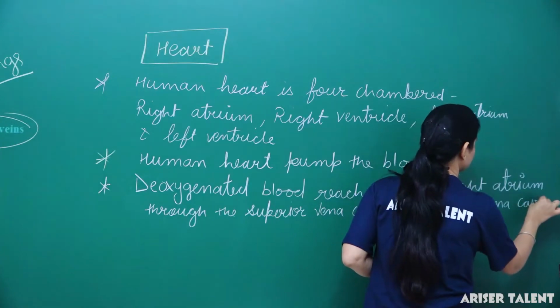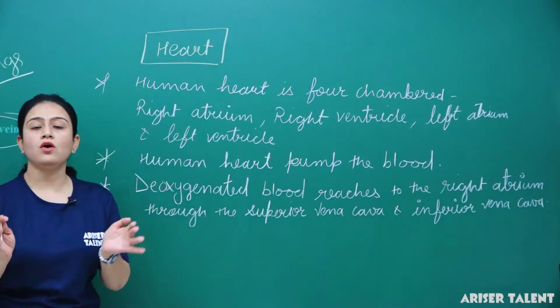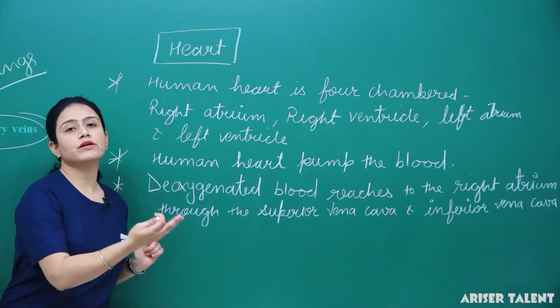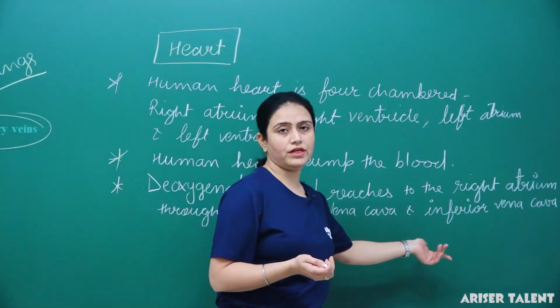Okay. So here we can say that deoxygenated blood from the body reaches the right atrium through the superior vena cava and inferior vena cava.